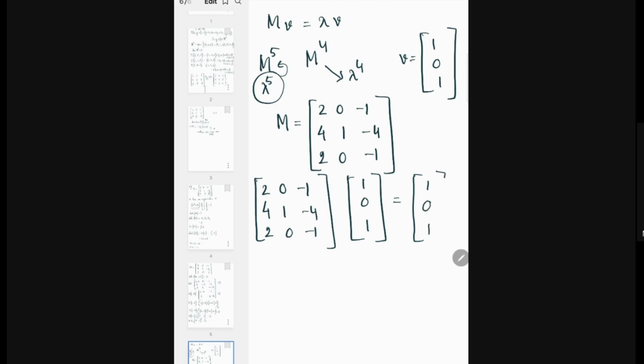Right. So 1, 0, 1 is an eigenvector of M for lambda equal to 1.